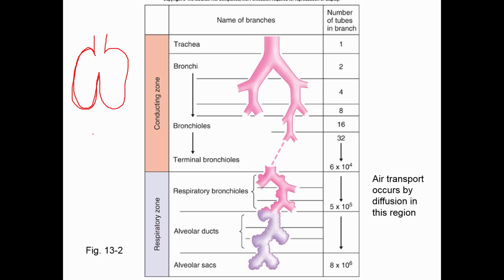But mammalian lungs are lots of little tiny sacs, and you add those up, we have about 300 million of those little sacs in human lungs, and it ends up being quite a vast surface area. I also want you to note that as the airways branch, the total cross-sectional area is going to get larger and larger.